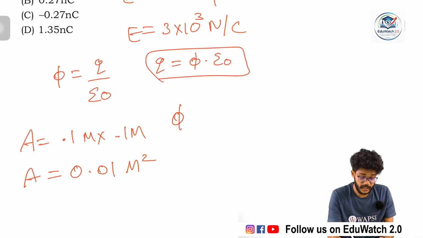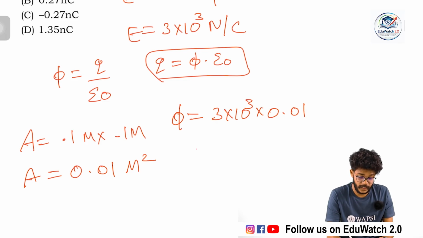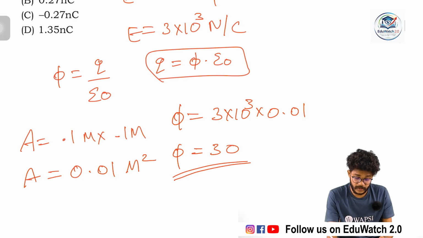So the flux is 3 × 10^3 multiplied by 0.01, that is 30. Area is in meter square and electric field is in newton per coulomb, so newton meter square per coulomb is the unit of flux.